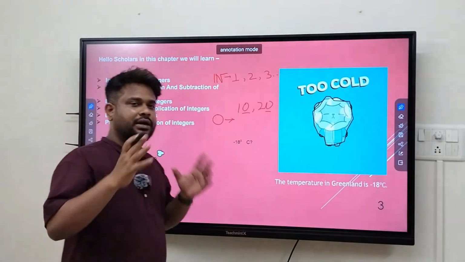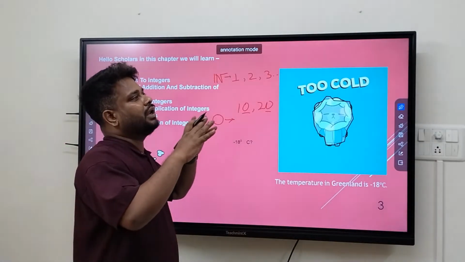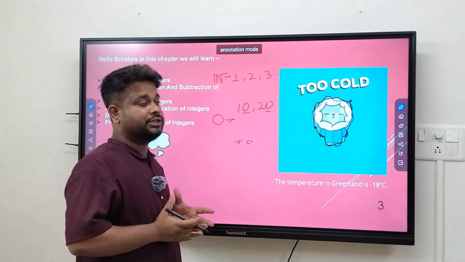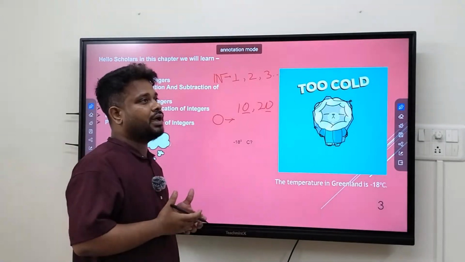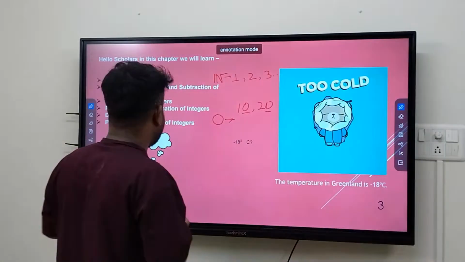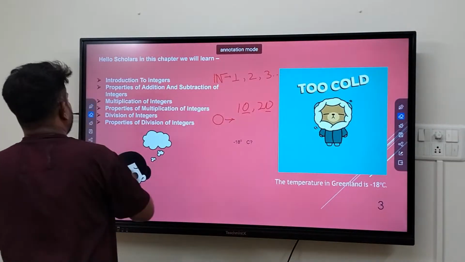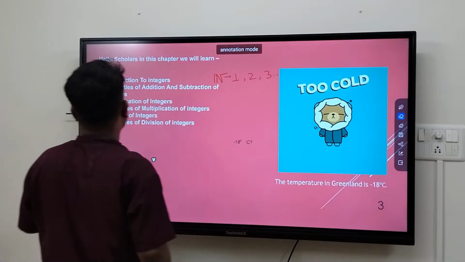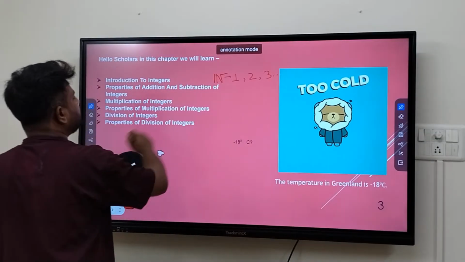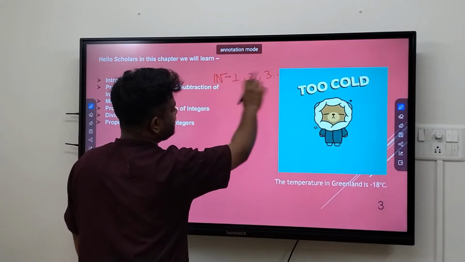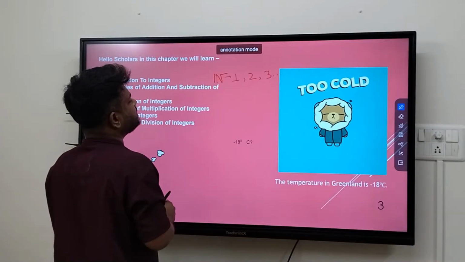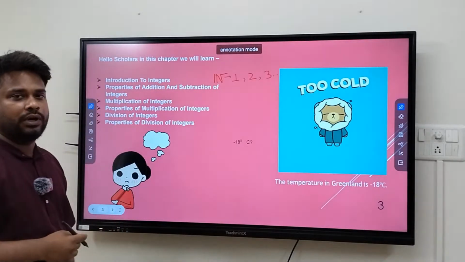Though 0 is a bigger concept, which was invented by Aryabhatta, and everybody maybe knows the stories about it. But when 0 is added to the set of natural numbers, it becomes the whole numbers.